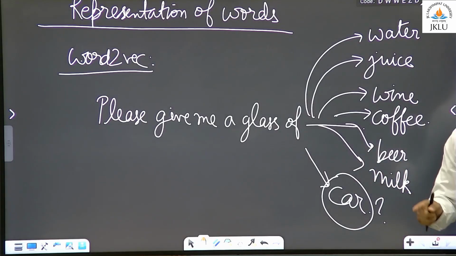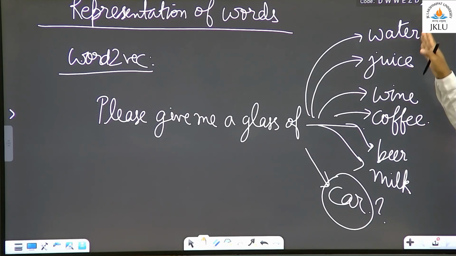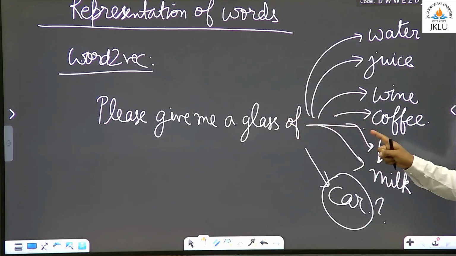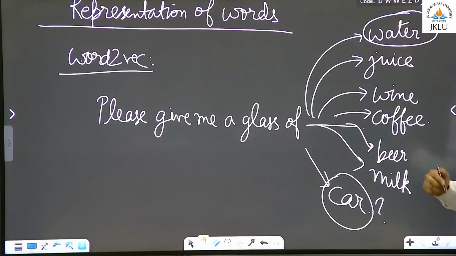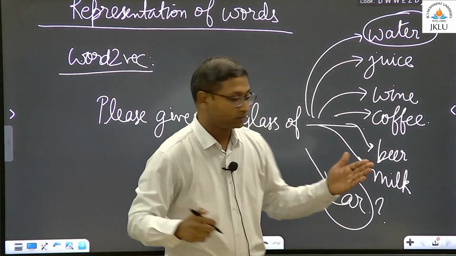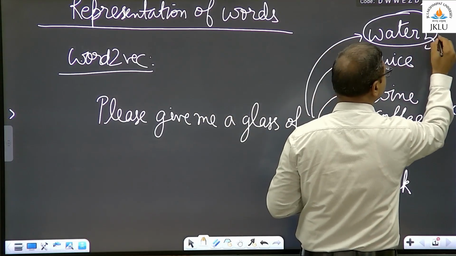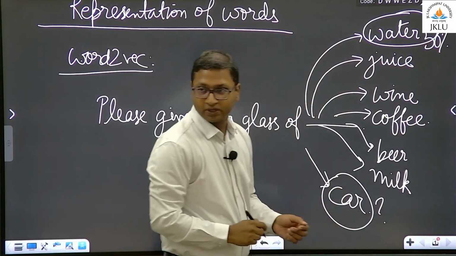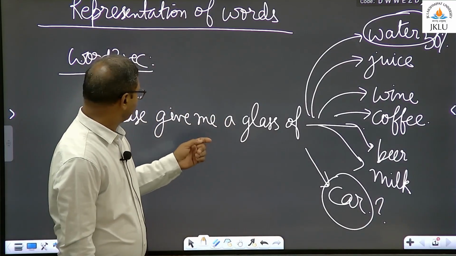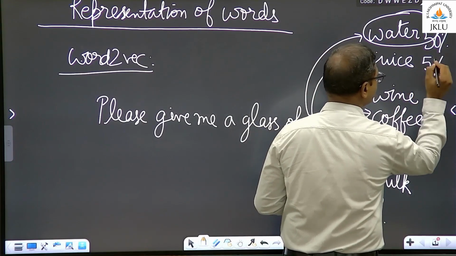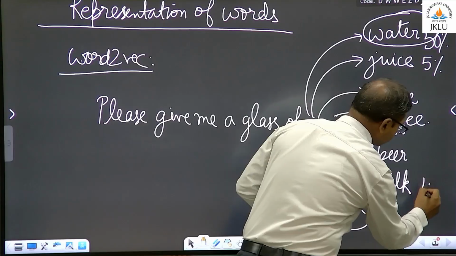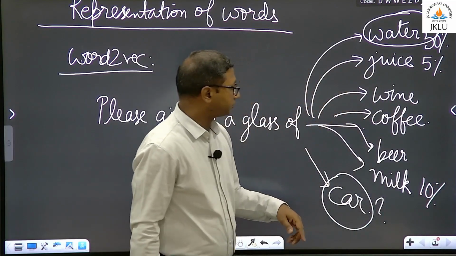But even in that case, which candidate? Now start making a probability distribution. Please give me a glass of. Doesn't this word win by far? So let's say 50% of the times you have water there. Let's say some 5% of the times you have juice, and some 10% of the times you have milk.